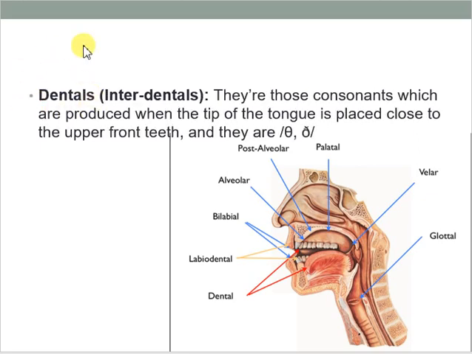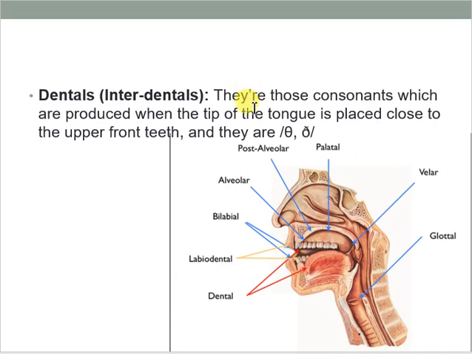عندنا dentals, dental sounds أو يسموهن also interdentals. على شنو تعتمد؟ تعتمد على ال upper teeth. ووينهم الدنتال هنا؟ شوفوا وين مأشر لكم؟ مأشر على ال upper teeth and the tongue. الأسنان العلوية واللسان.